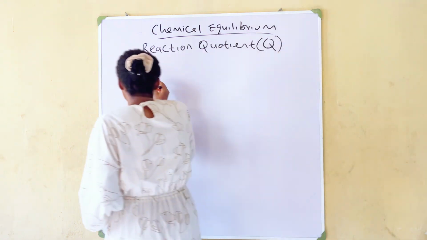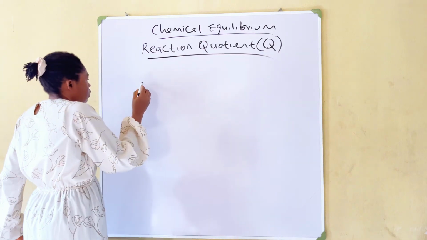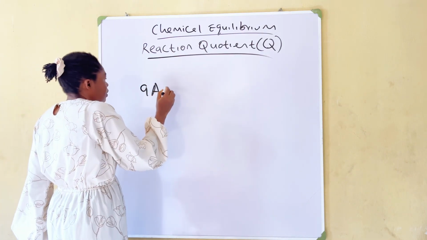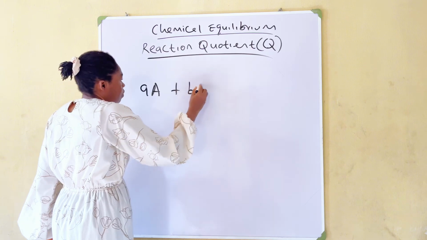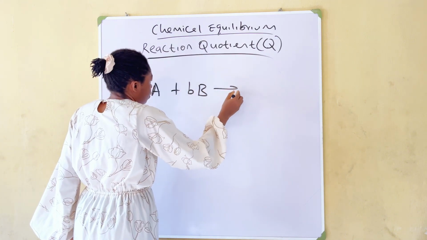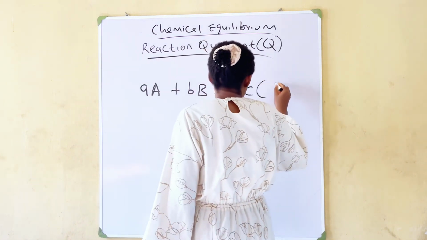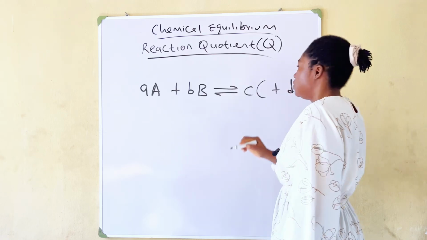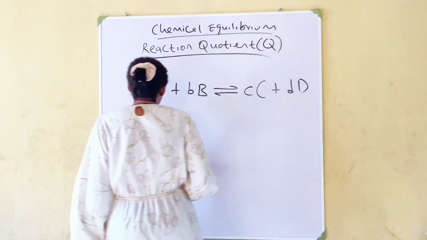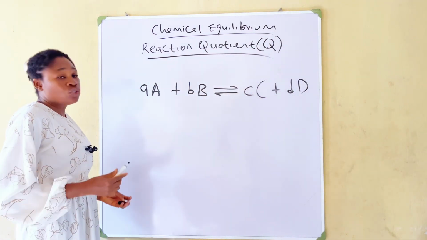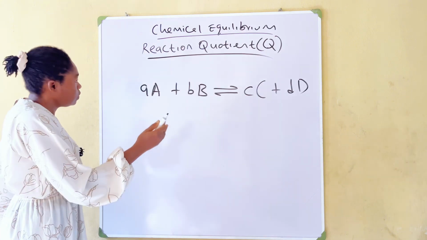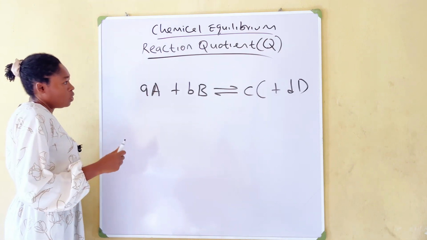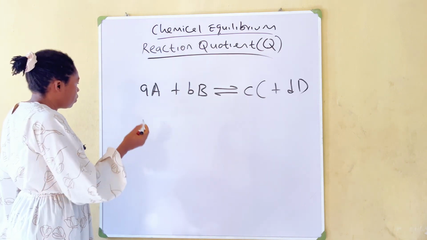Look at this equation. A reacting with B to give C and D. So like I said, reaction quotient is a ratio of the concentration of the product to that of the reactant under any experimental condition.